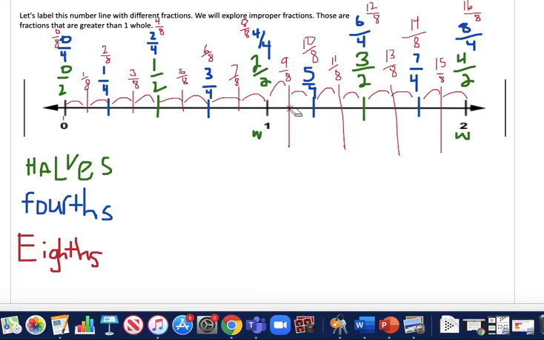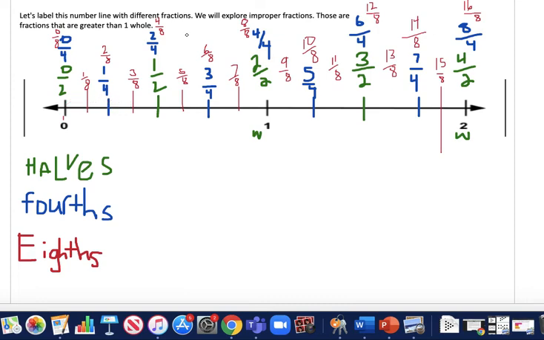Now, that was a lot of work that we just did, and I'm very proud and very happy that we were able to do it. This looks really messy, but what we did is look at improper fractions.